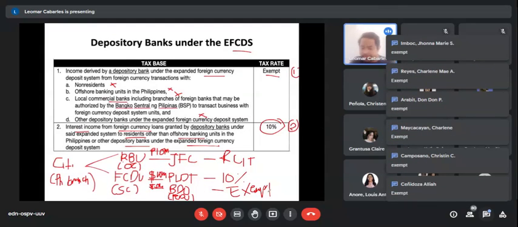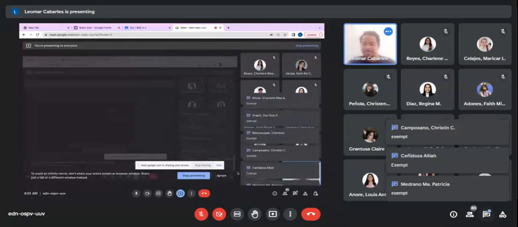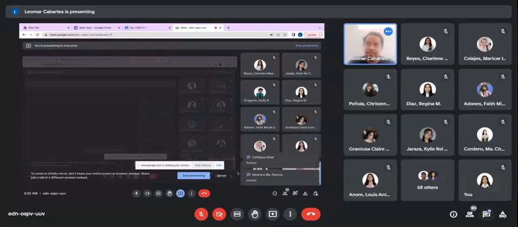And sorry, but ganyan kagulo ang taxation system natin. Kaya alam nyo, don't be too hard on yourself if you find the subject difficult. Kasi it really is. Alam mo, ako, matagal na ako accountant.